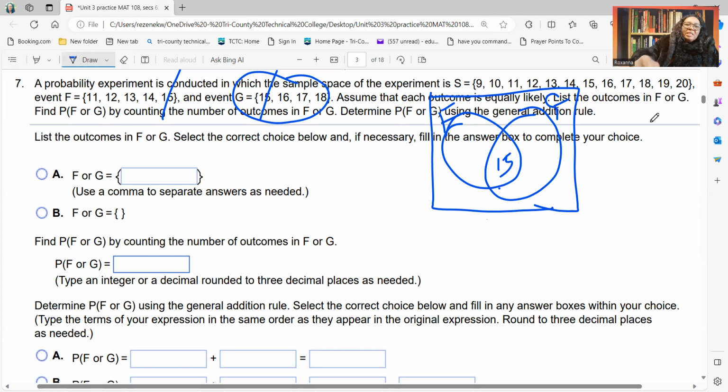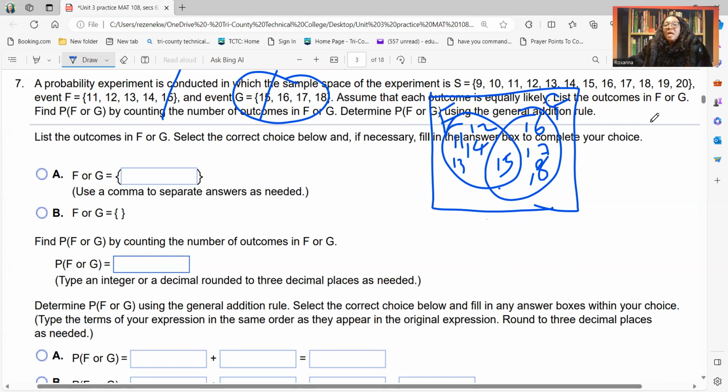The remaining numbers in F are going to be 11, 12, 13, and 14. The remaining numbers in G are 16, 17, 18. All right, and then the question is, assume that each outcome is equally likely.